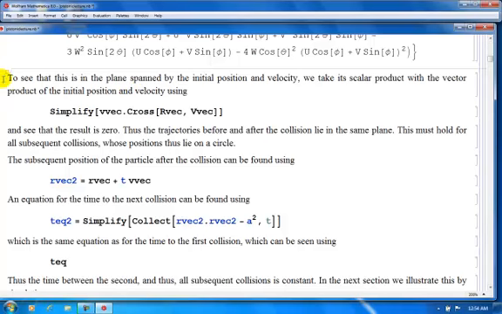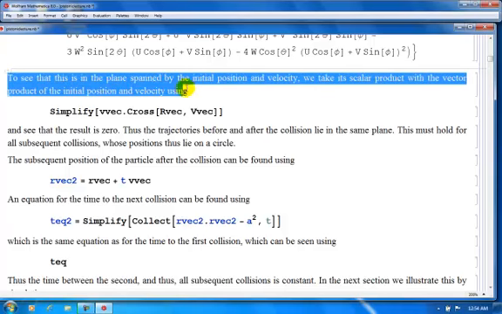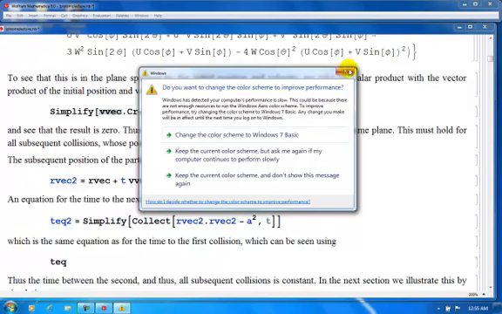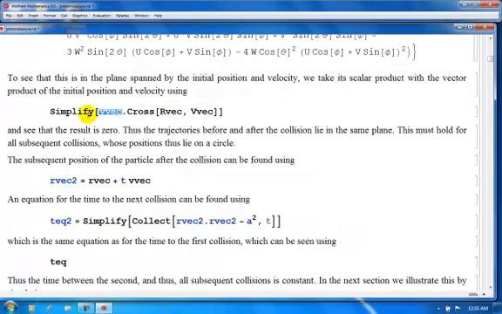Now we want to see that this is in the plane spanned by the initial position and velocity. Why do we want to do that? Let's see. We take the vector product of the initial position with the velocity, which will be a vector perpendicular to the plane of the initial motion, and then we take the scalar product of that with the new velocity vector and see what it is.